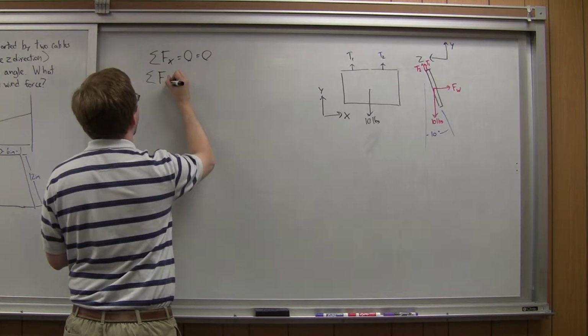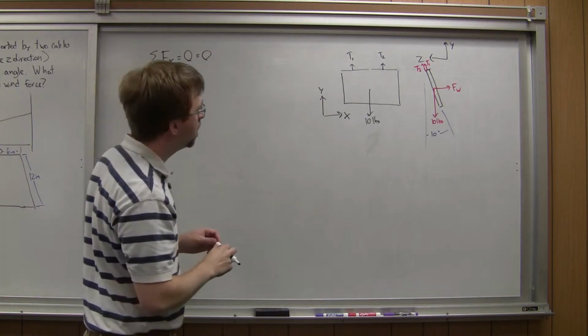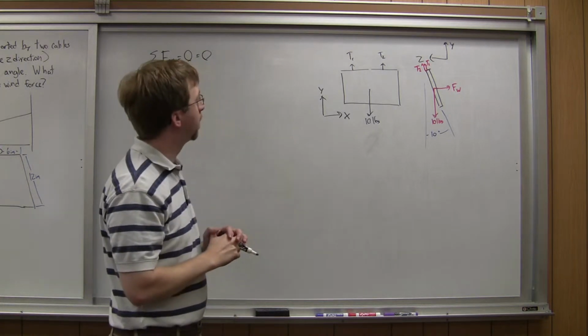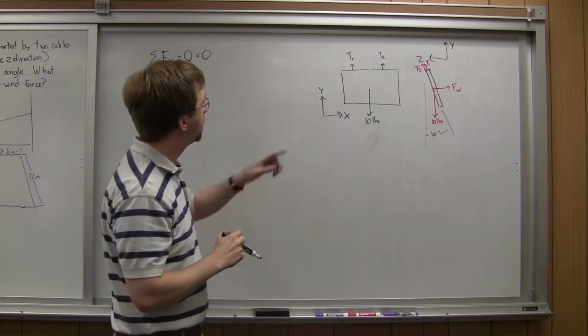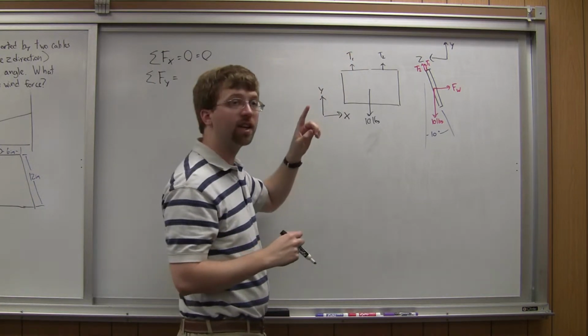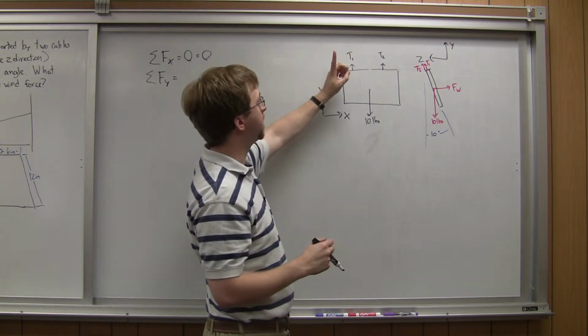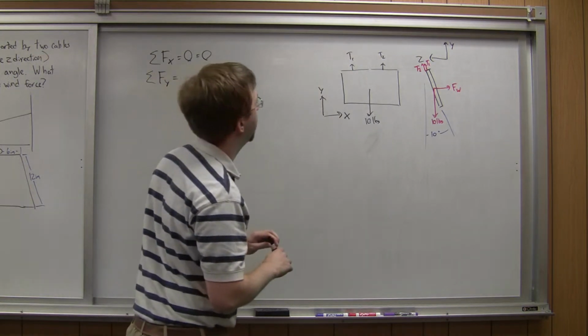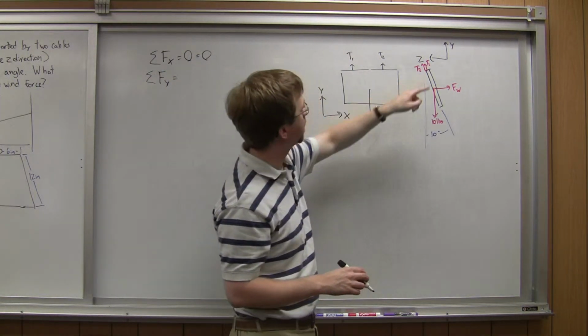Sum of forces in the y. In the y direction, I have plenty going on. I'm going to have this T1 and T2, except remember, it's not entirely in the xy plane. It actually points out by about 10 degrees, and you can see that over here.